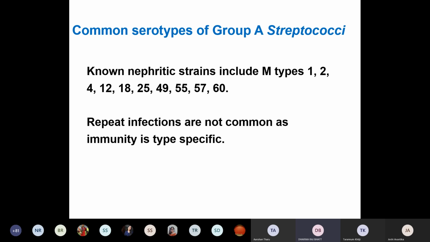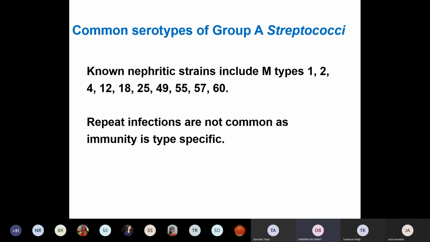These are particular strains which have antigenic similarity with the glomerular membrane and are more commonly associated with cases of glomerulonephritis. Repeated infections with these strains are uncommon as immunity is type specific.